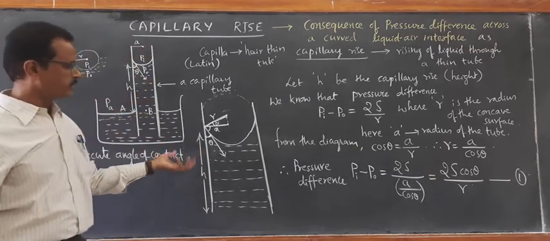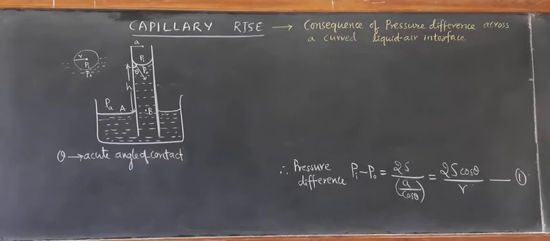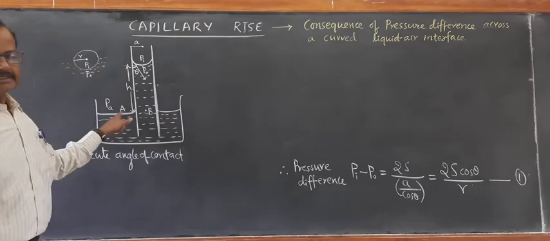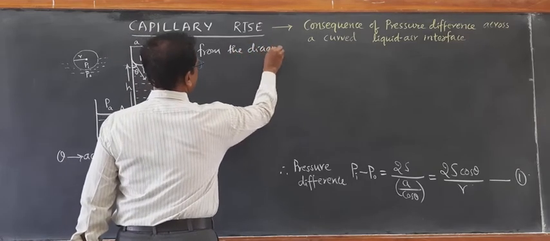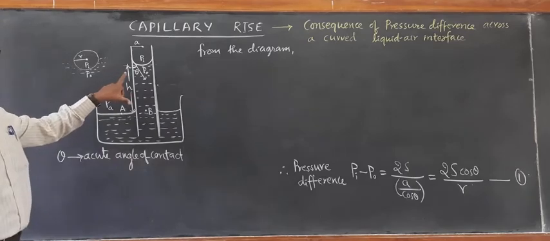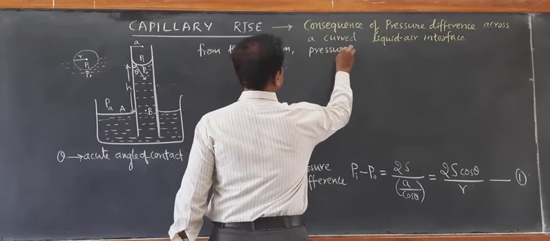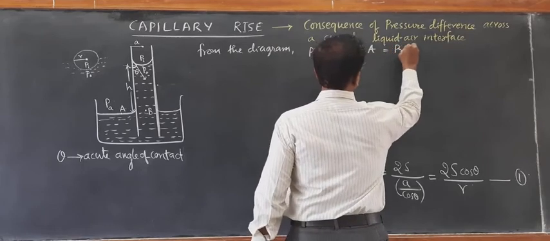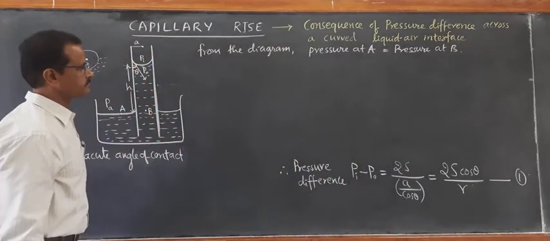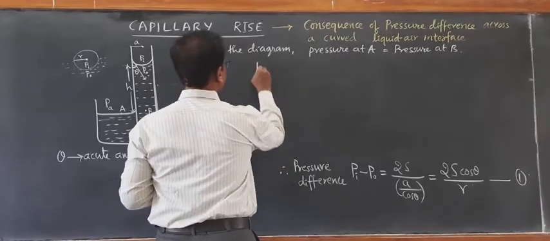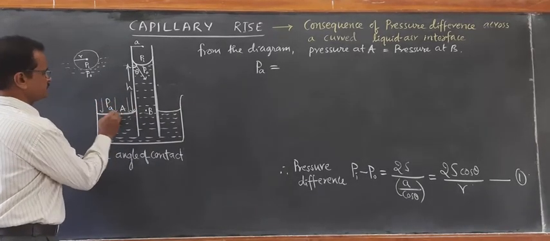Let me write that equation here. From the diagram, when the liquid is in equilibrium at height h, pressure at A is equal to pressure at B. Pressure at A is nothing but the atmospheric pressure acting on the surface of this liquid.